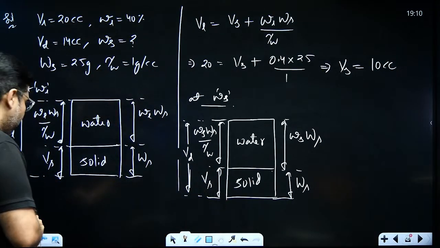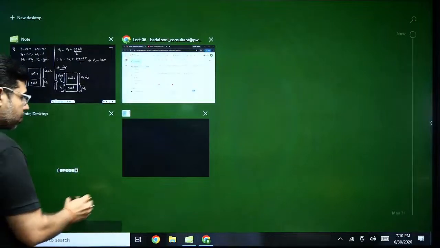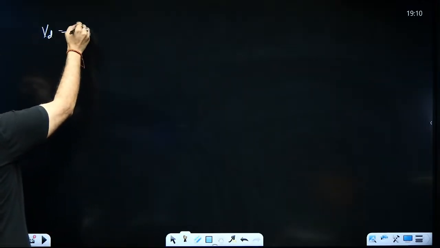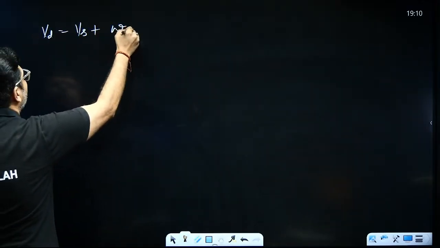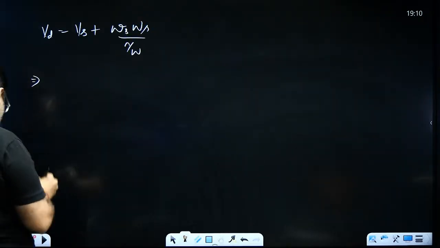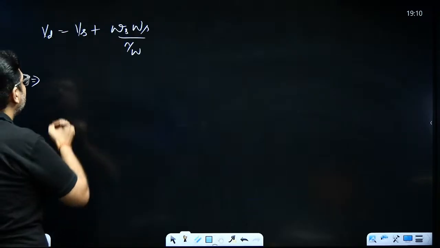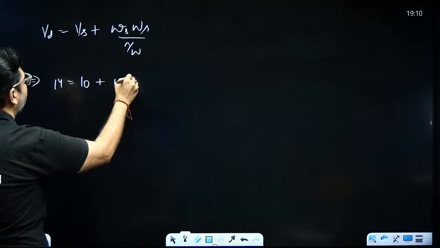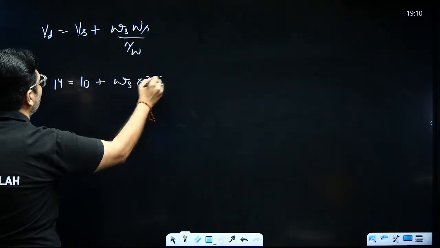Use this. So Vd will be equal to Vs plus Ws into weight of solids upon gamma W. Vd is how much? Vd is 14 cc. 14 is equal to 10 plus shrinkage limit I have to calculate into 25 upon 1.